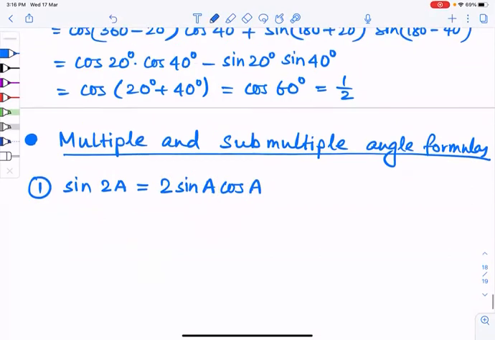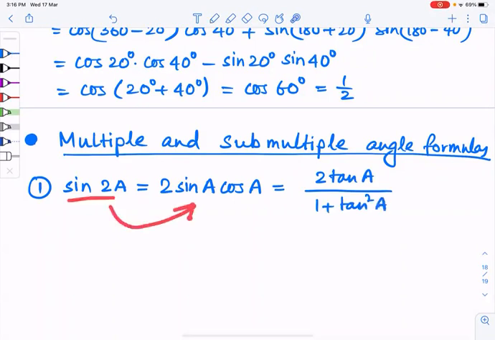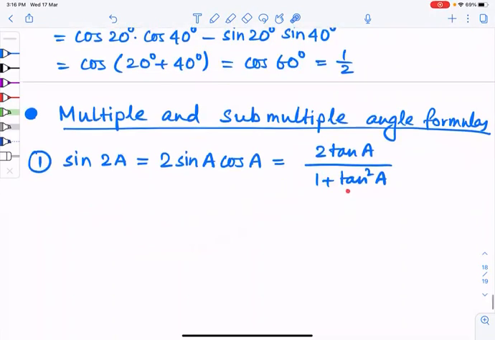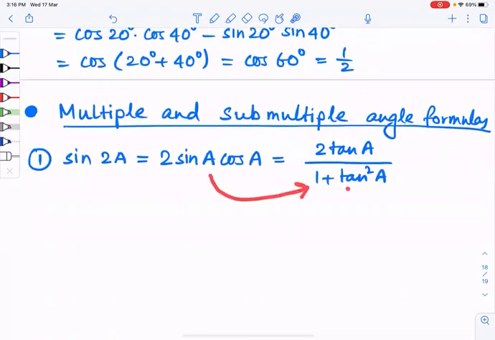This has got another formula also, which is 2 tan a by 1 plus tan square a. Okay, sine 2a is equal to this. Also, sine 2a is equal to that. Both are correct. How did I get this one? From here, I can get that.